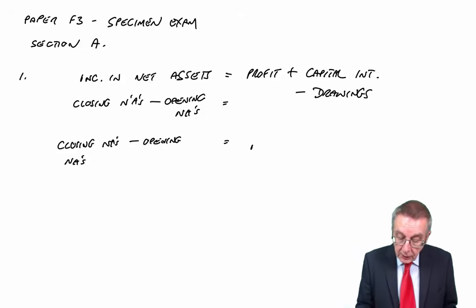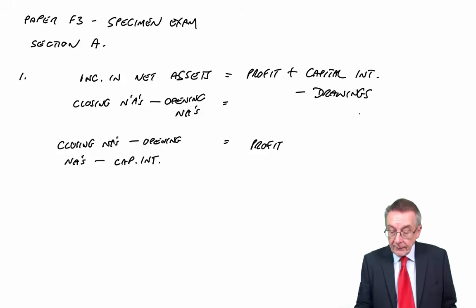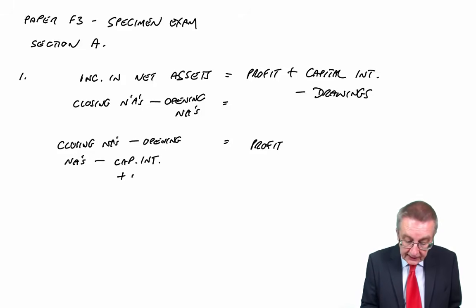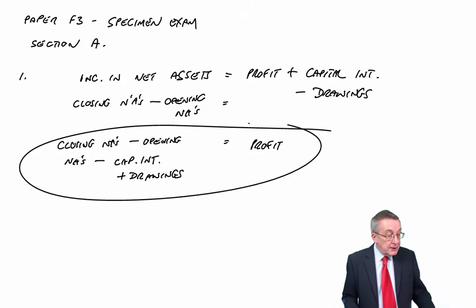Well, we want to know what the profit is, so subtract capital introduced from both sides. Add drawings to both sides. And there we are. The profit, which of these works?